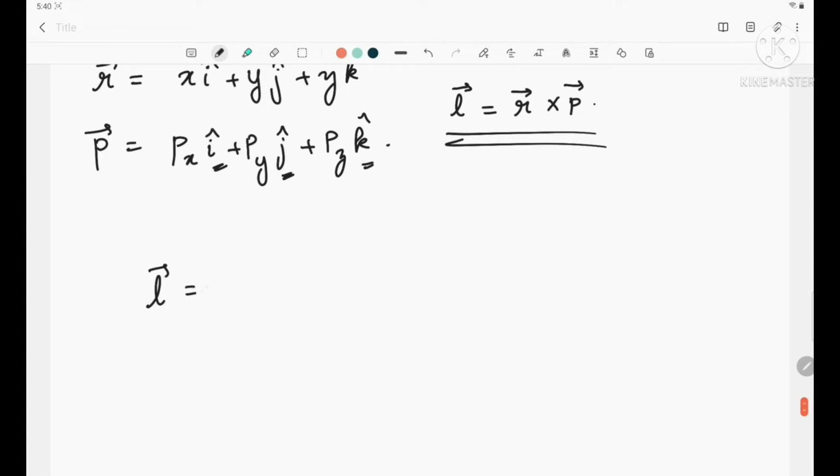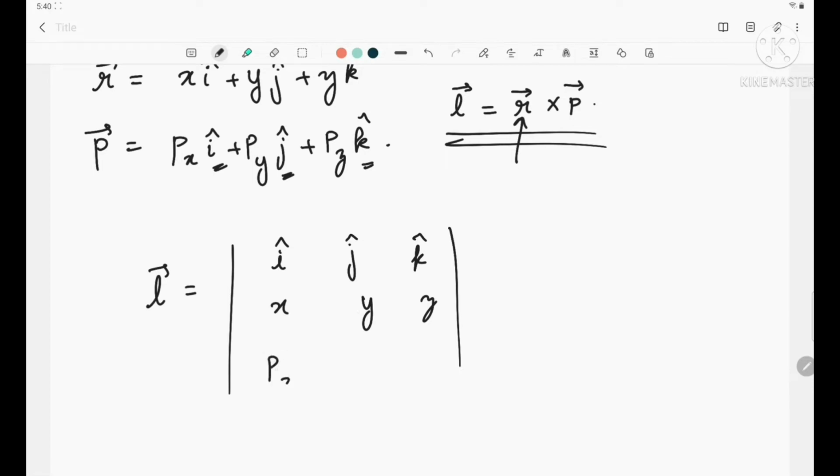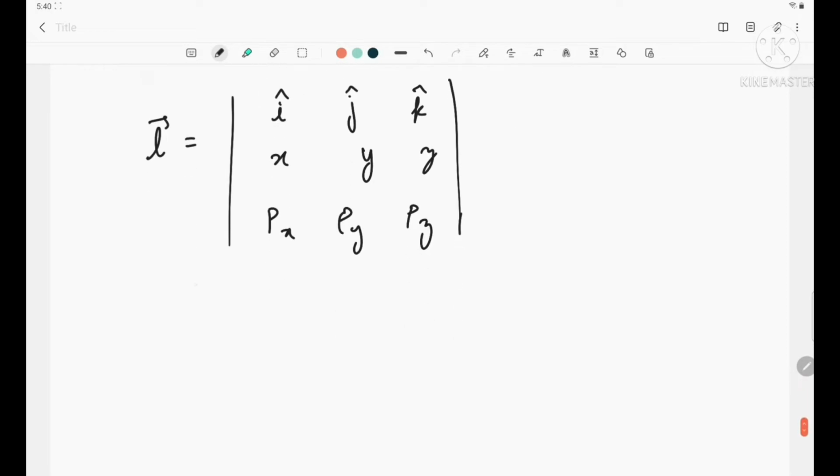So L vector is equal to, in order to take the vector product, we will take the determinant x, y, z. Since r is written first, we will write the x, y, z components first and then px, py and pz. So you have to take the value of the determinant. You can choose any row or any column, it's your wish, but I'll be choosing this.